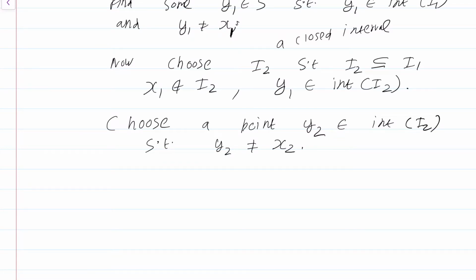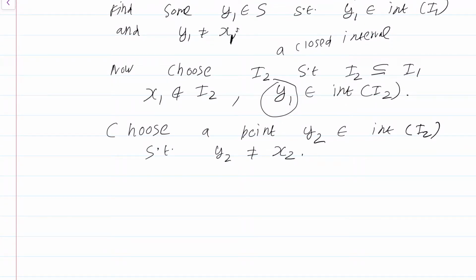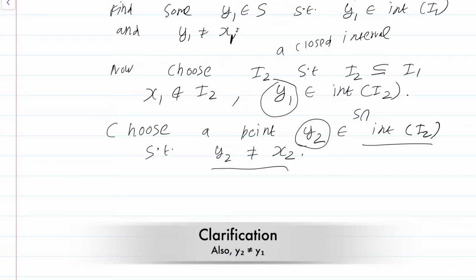Well, such a point exists because y1 after all is an element of S. I should mention y2 is also in S, of course, so in S intersect interior of I2. Because y1 is in S, it is going to be a limit point of the set S. Because it is a limit point of the set S, there are going to be infinitely many points of S in the interior of I2. Because there are infinitely many points of S in the interior of I2, I can always pick this y2 such that y2 is not x2.